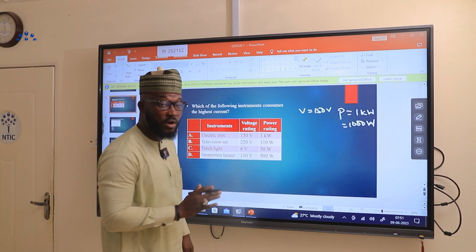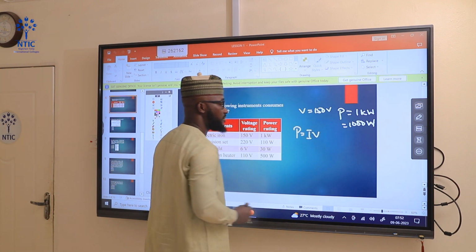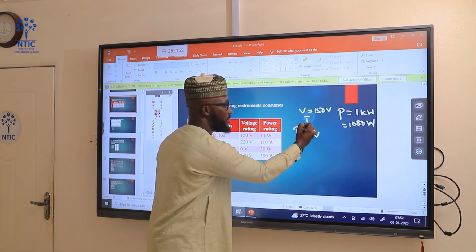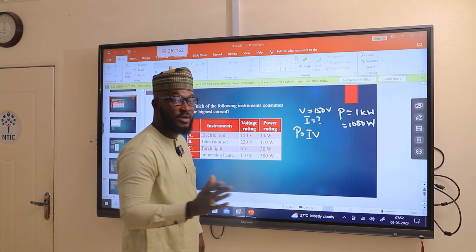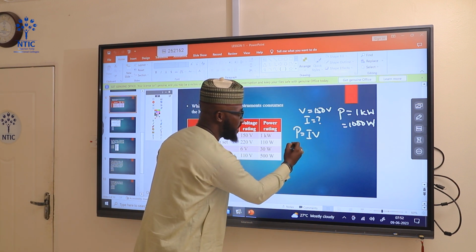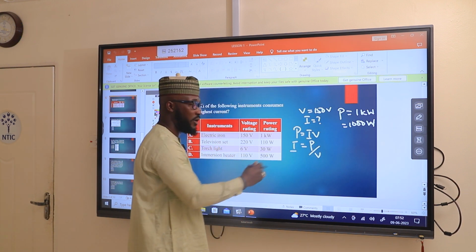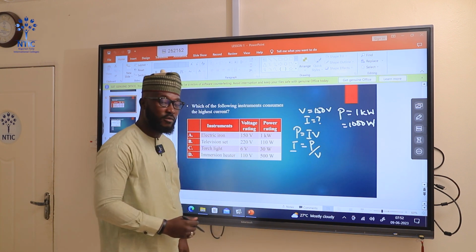So we have to look for current in this case. P is equal to IV. This is the equation that relates them. In this case, I is unknown, so we make I the subject of the formula and take P over V. We work with this formula in solving the other questions.